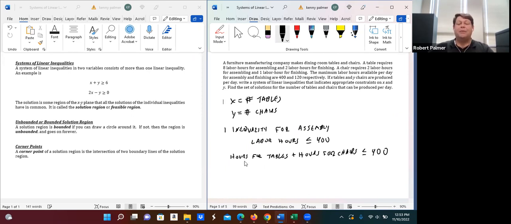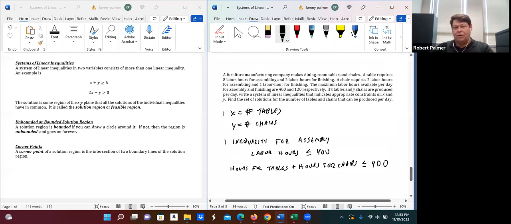Now, we'll be able to write an expression for the labor hours for tables. Look at our information. We have x tables, and the time it takes to do a table is 8 labor hours.